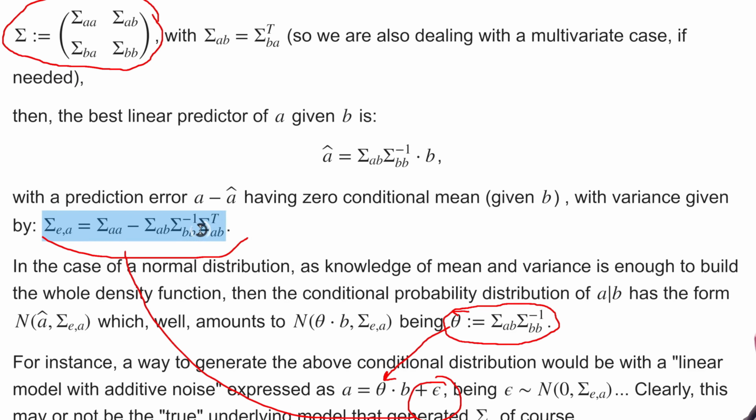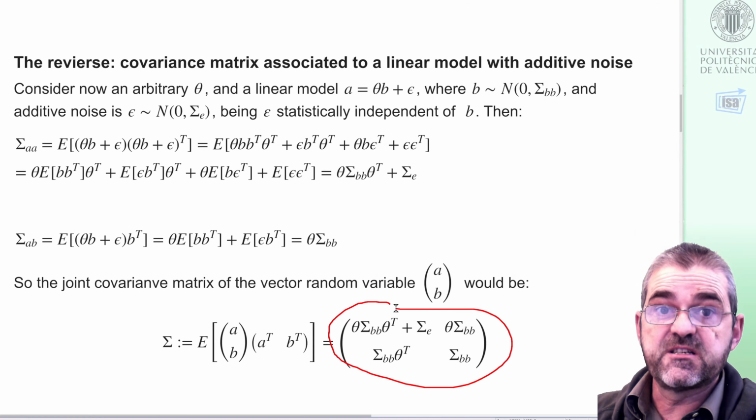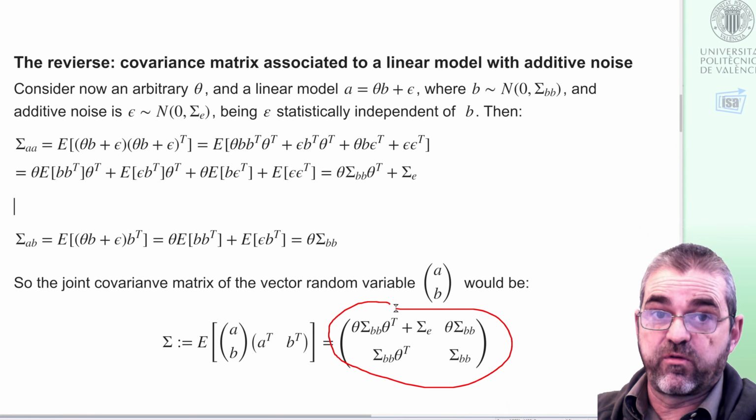So given a covariance matrix, we can get a linear model with additive noise, and given a linear model with additive noise, we can get a covariance matrix. So we'll finish here, and we'll see some actual numerical examples in forthcoming videos.